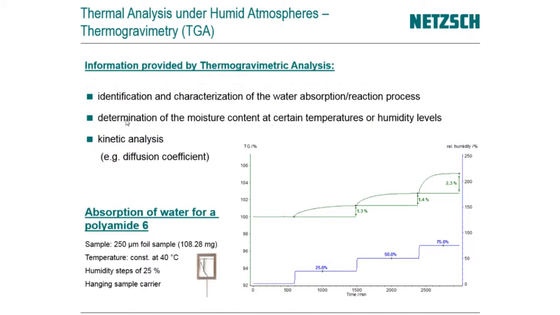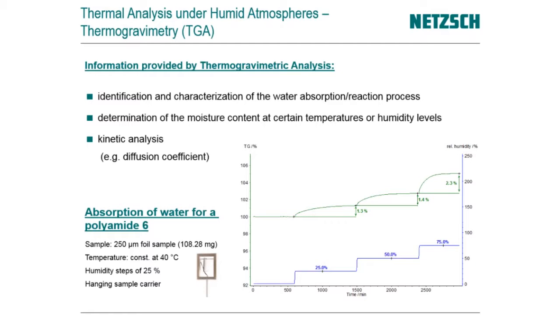To perform such an analysis, we see here on the next slide one example. It's the absorption of water of a polyamide 6 foil sample with a thickness of 250 micrometers. The sample was held constant at a temperature of 40 degrees C, and we performed humidity steps of 0, 25, 50 and 75%.